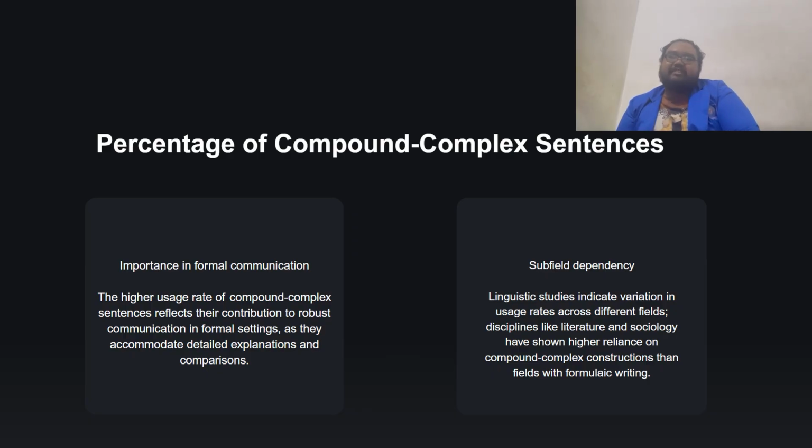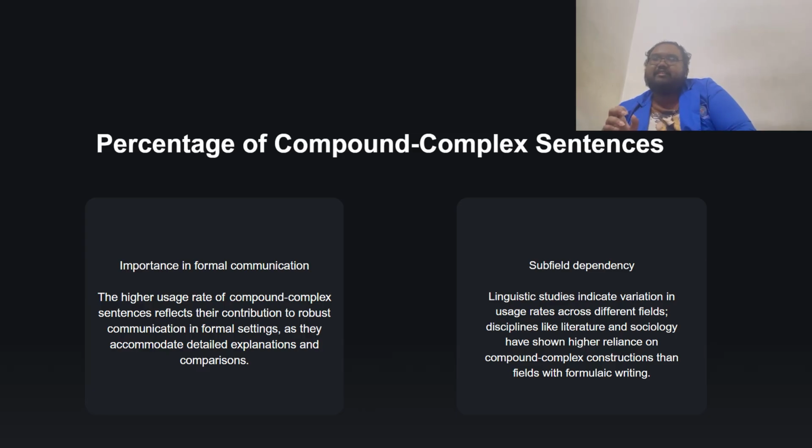Okay. Importance in formal communication. The higher usage rate of compound-complex sentences reflects their contribution to robust communication in formal settings, as they accommodate detailed explanation, comparison, and subordinate dependency.